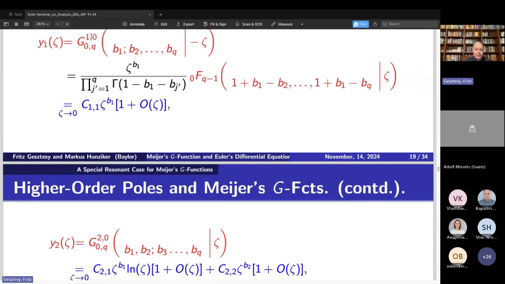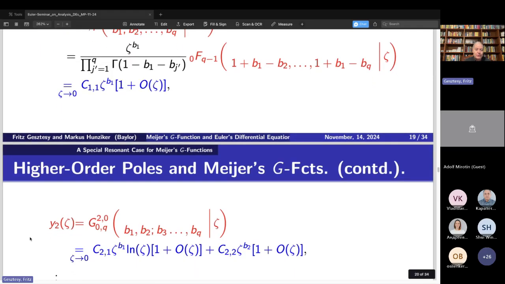So you see I go from G1,0,0,Q to G2,0,0,Q. And now it's already more complicated. As zeta goes to 0, I also pick up a logarithm. Well, I also have these entire terms on the right-hand side, the 1 plus order zeta. But here I get the first logarithm.